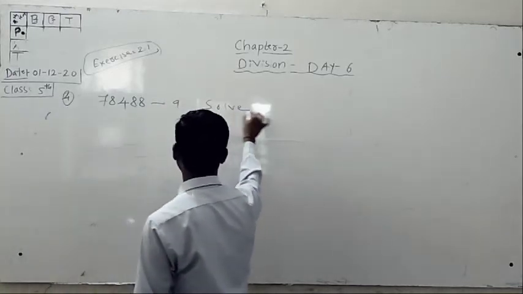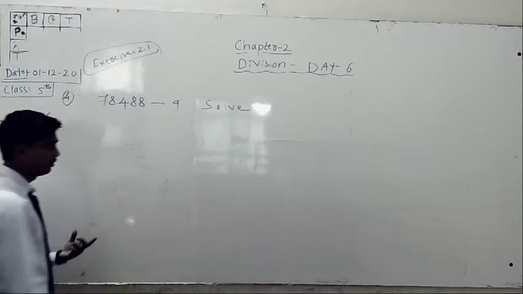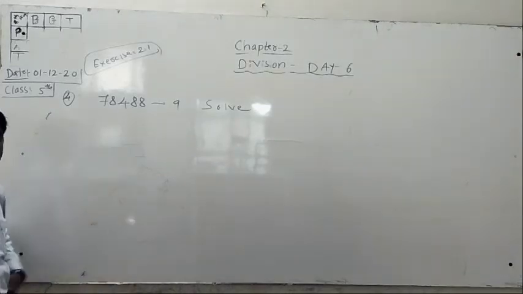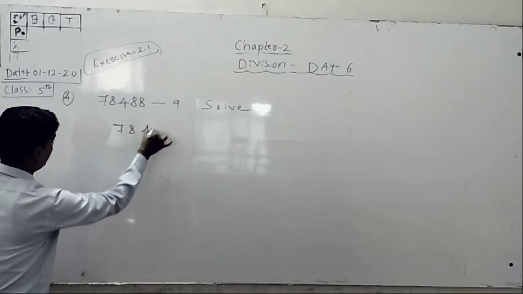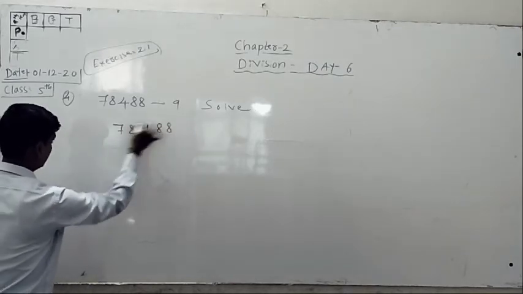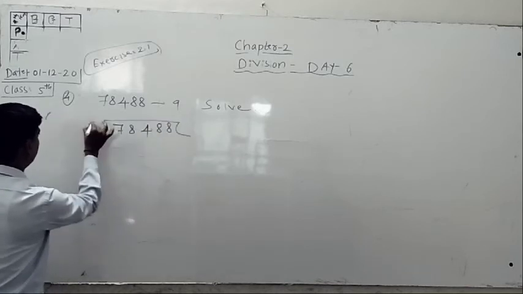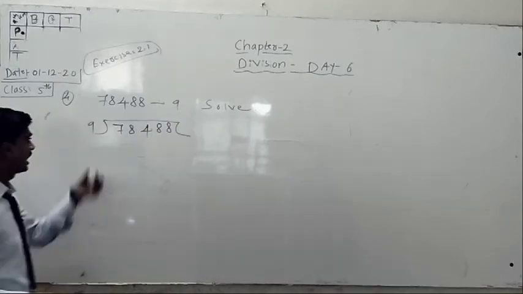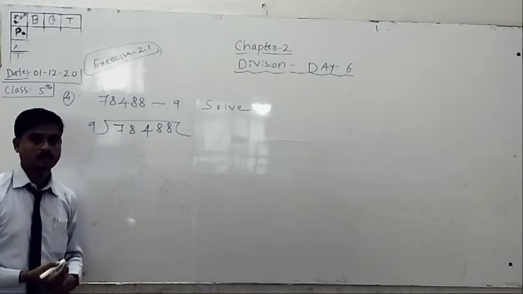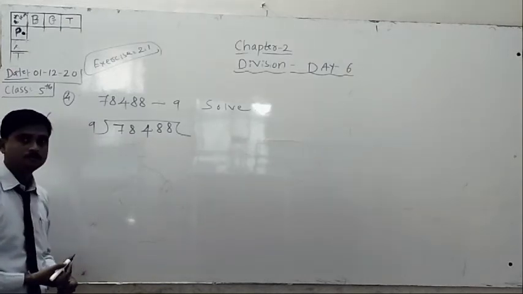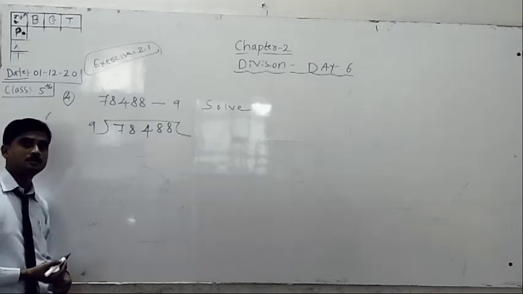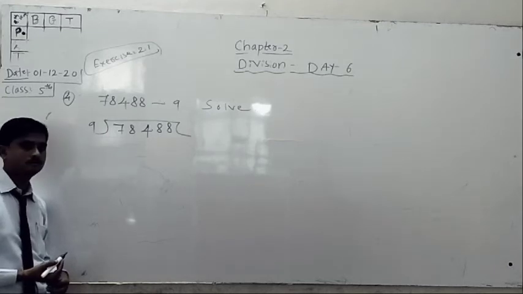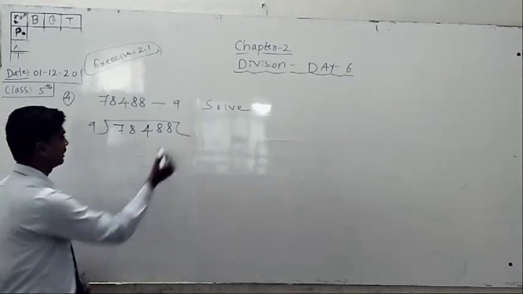Solve. This is your last problem. Okay. Remember, if you do not understand, you should look here. 78,488 divided by 9. 9's table, 78 is not there, you have to check it. 9 eights are 72.